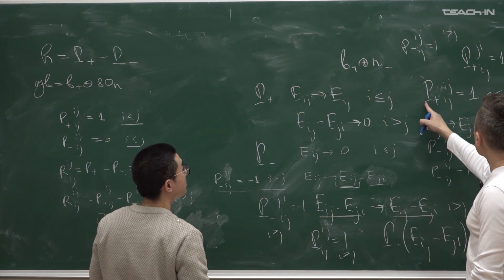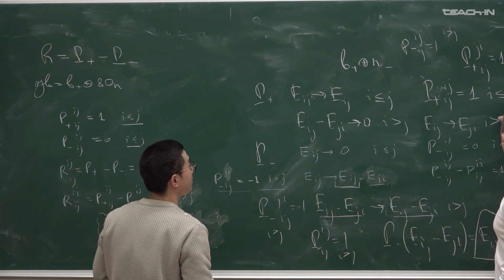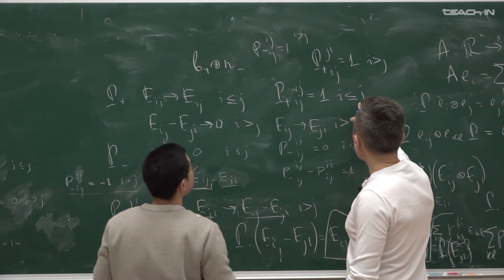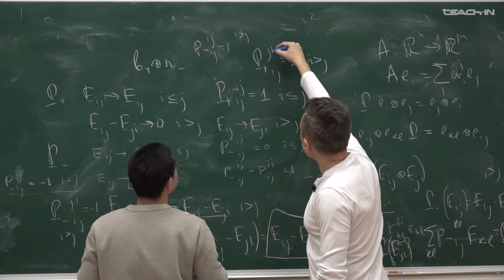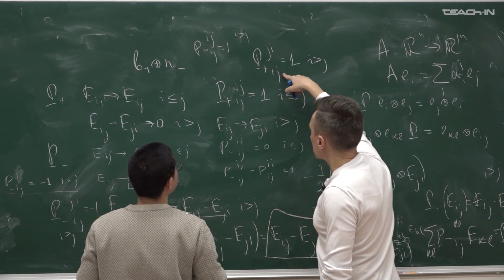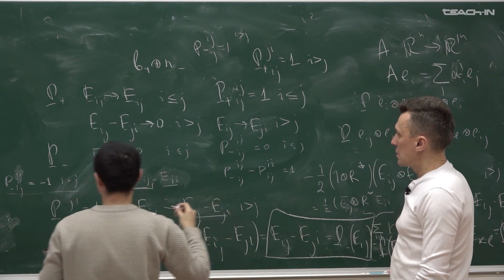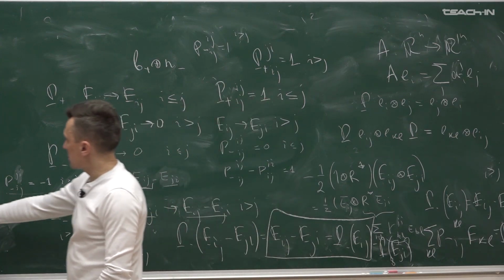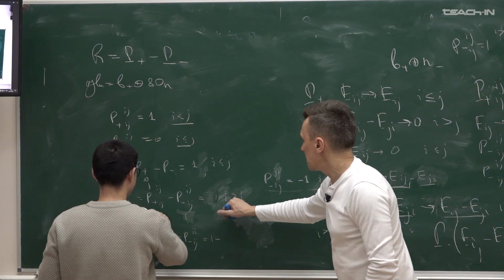So it is 1 if i is smaller than j, and it is 1 if i, but with exchanged indices here. This is 0. So it is minus 1.